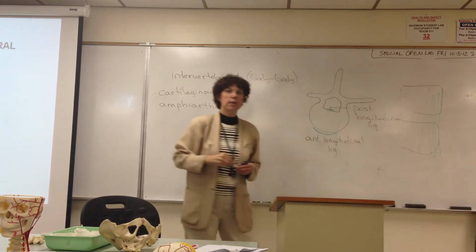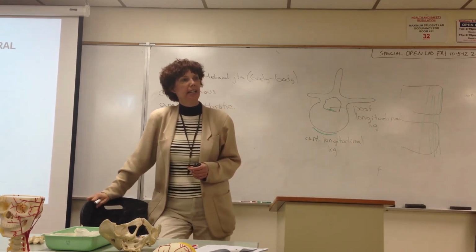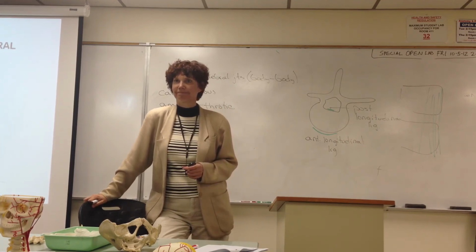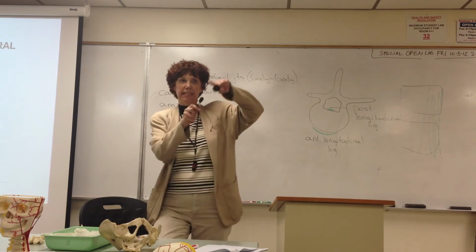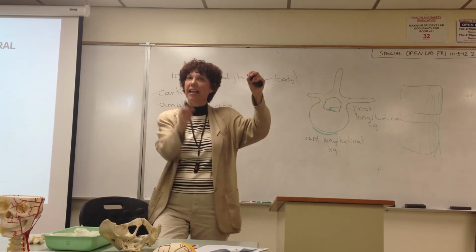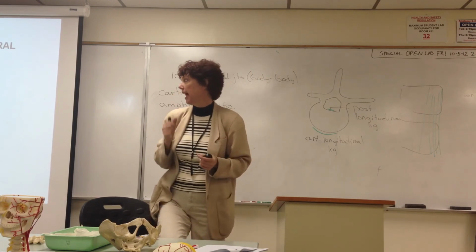All right. So if you were to hyperextend your back, would you be more likely to tear the anterior or the posterior? Hyperextend? Anterior, because that's the one that's getting stretched. Okay? And it's a little more difficult to hyperflex, so we're a little more resilient with that.